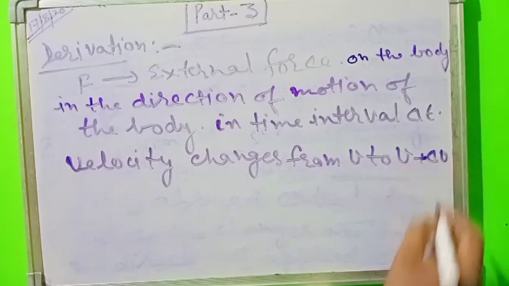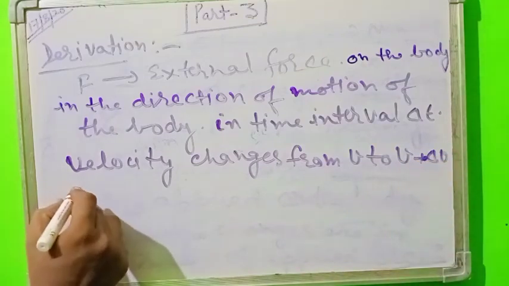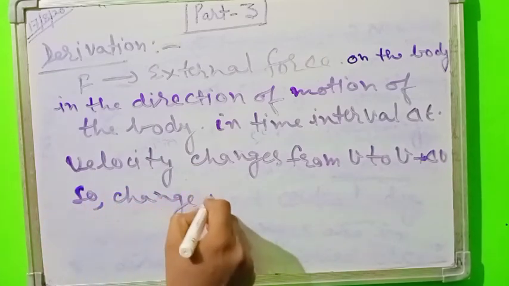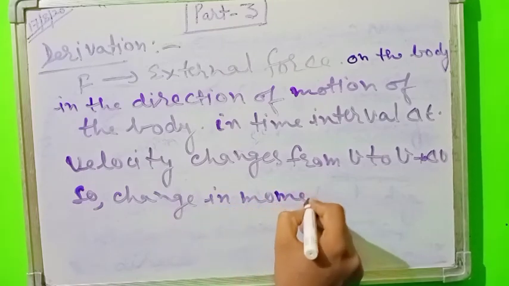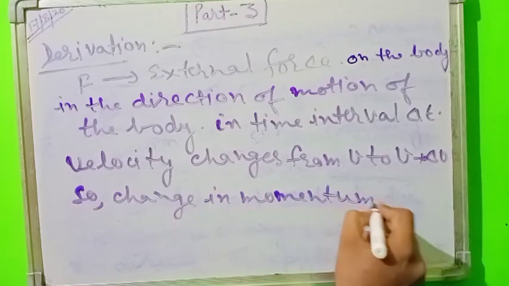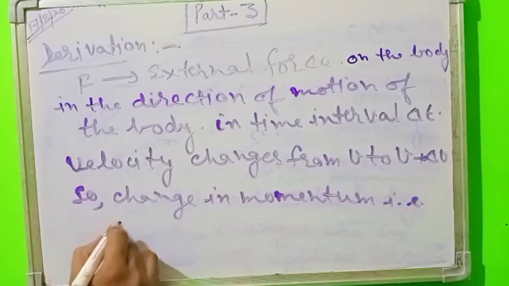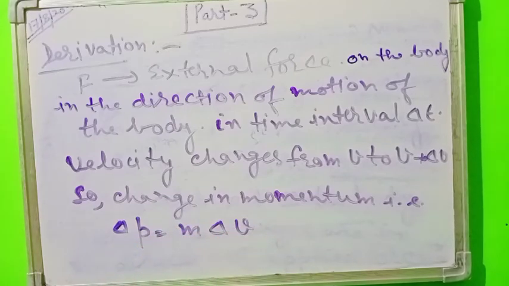So the change in momentum del p is equal to m into delta v.